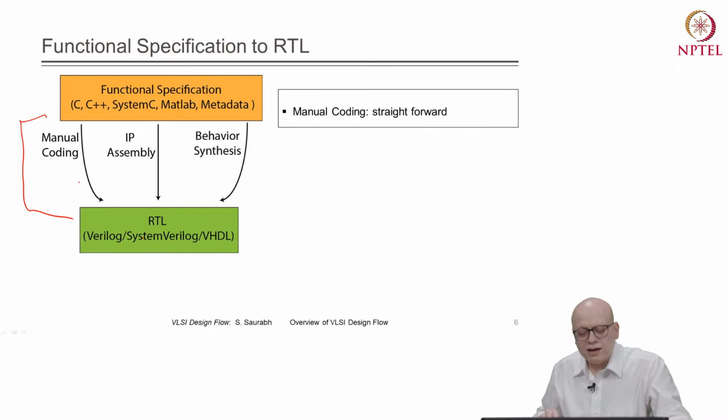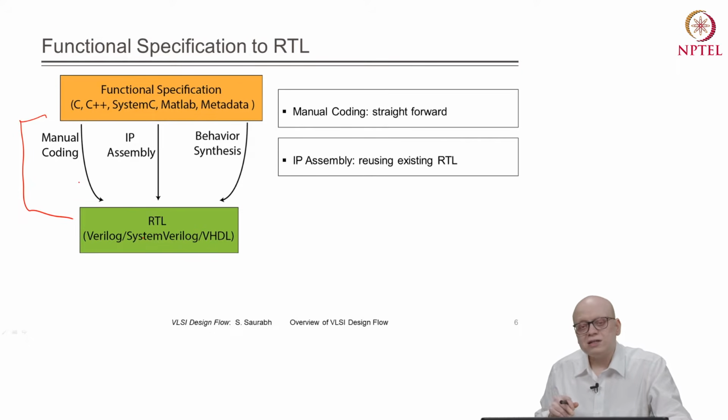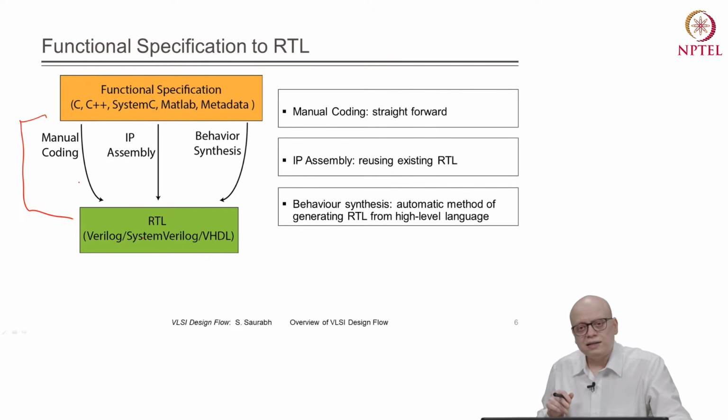The other could be IP assembly, which is basically reusing existing RTLs. This is typically used in SOC design methodologies. And then the third is using an automatic tool. There are tools known as behavior synthesis tools, which can automatically generate an RTL for a given description of a design in a high level language.